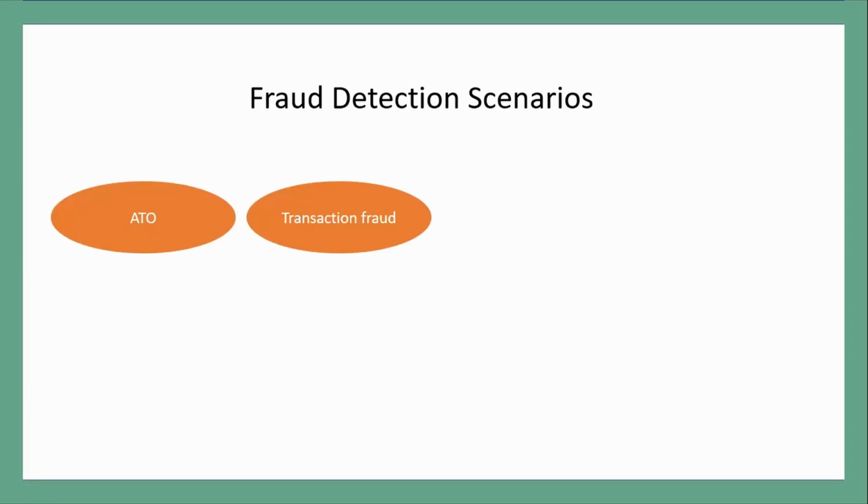The second category of scenario is transaction fraud, where based on the transaction features, we are trying to detect whether it's a potential fraud. The third is card fraud, where the card number and card details are stolen, and they are being used either online or offline by the fraudster.